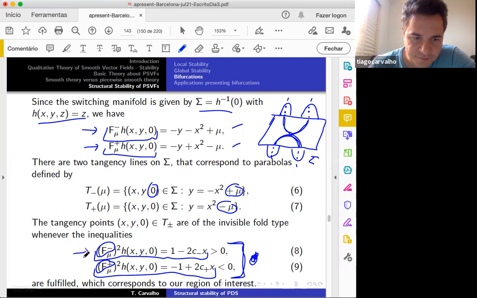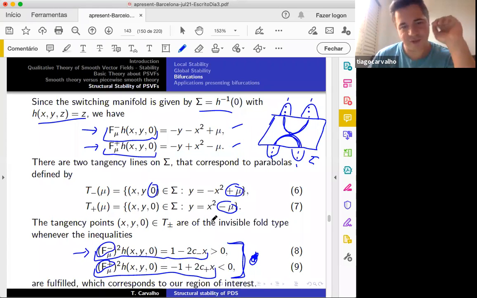For example, the point where this expression is 0 is a cusp point. We could study this, but we will not do it today. We will consider just the region where we have invisible fold points for both vector fields.